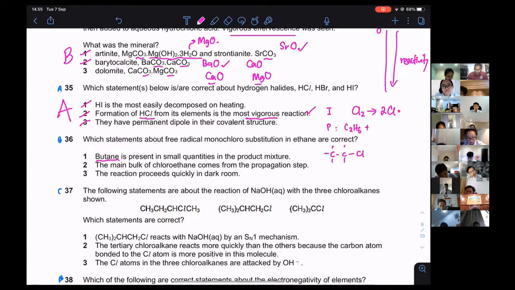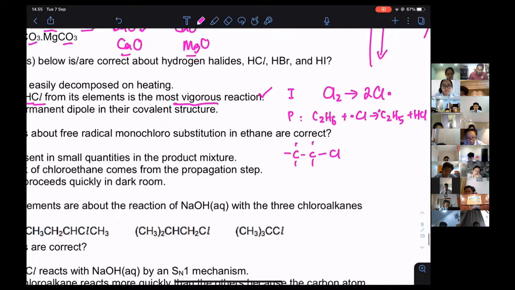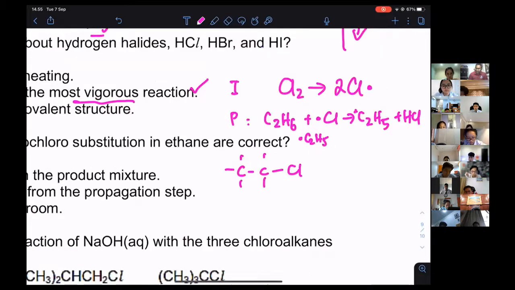C2H6 plus the Cl free radical, I am going to get C2H5 dot and then HCl. And then this C2H5 dot plus Cl2, and I will get C2H5Cl plus Cl free radical, and it will continue, right?